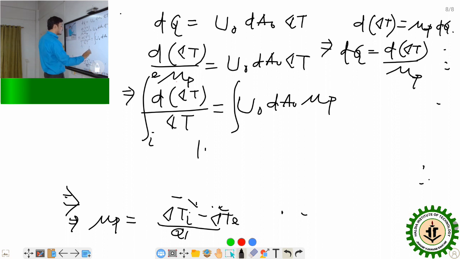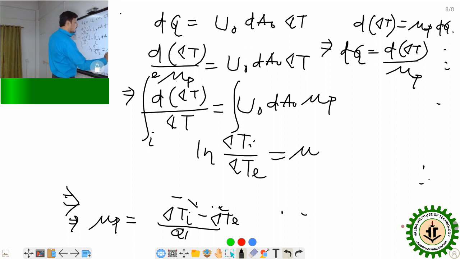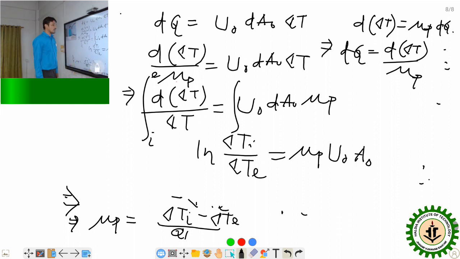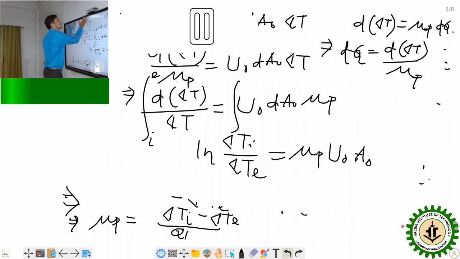It will come ln, ln means log base e. So it will be del t I minus del t e, and here it would be mu p, a constant term, U0 A0. Now from here the value of mu p, we will put that value there.